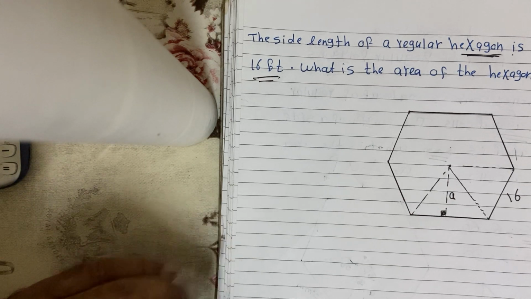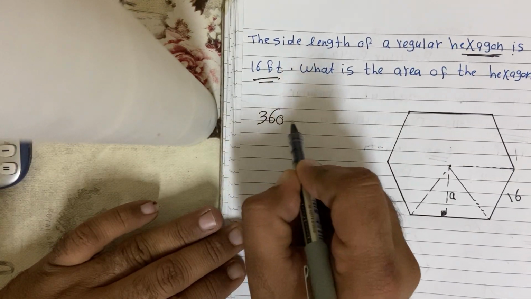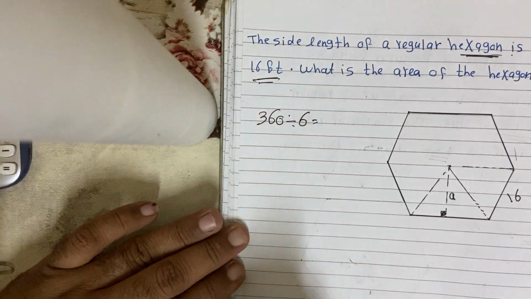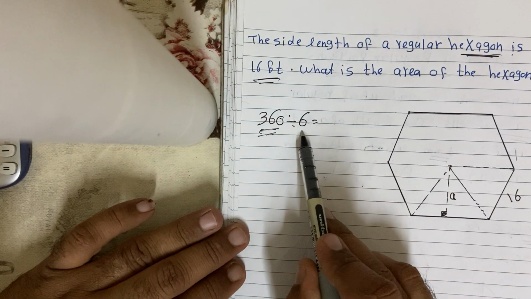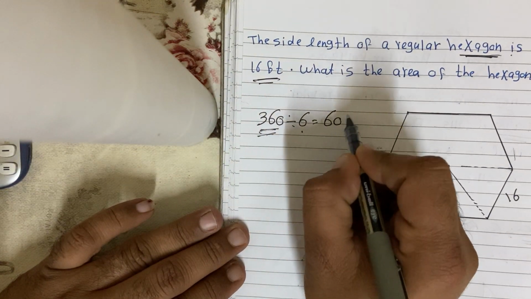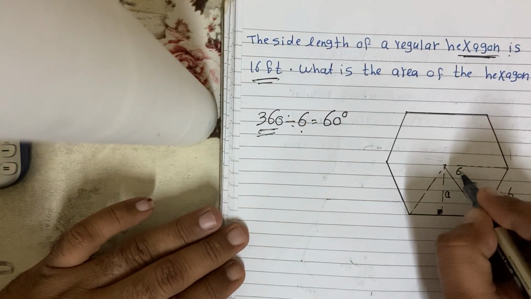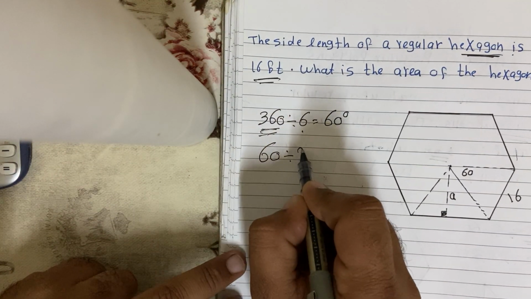How come? As usual, we are going to divide 360 by 6, because this is the accumulated angles at a point, and 6 because it's a hexagon. So it will be 60 degrees. This will be 60. After that, divide 60 by 2.